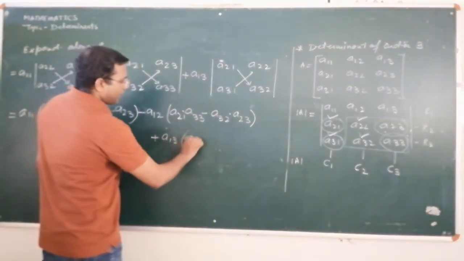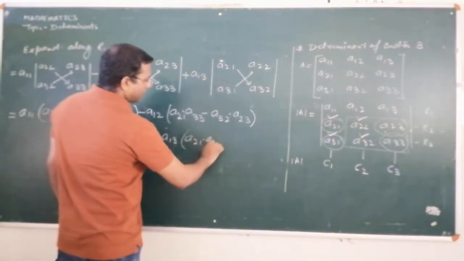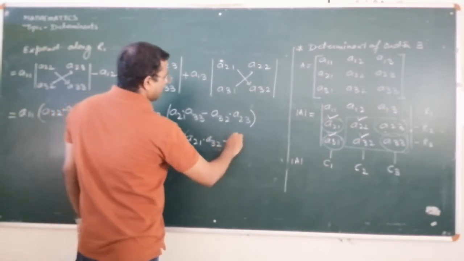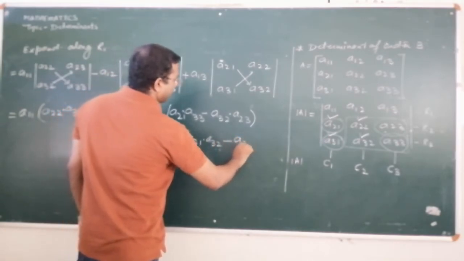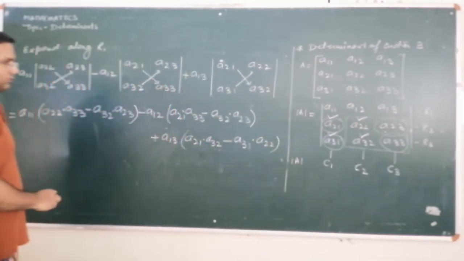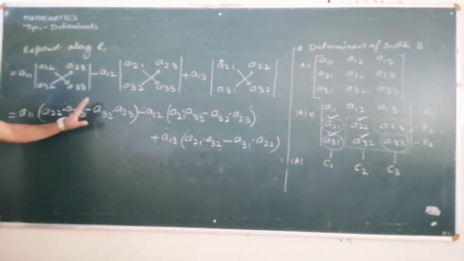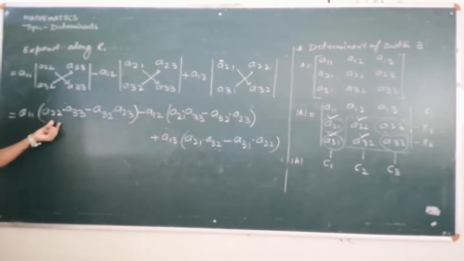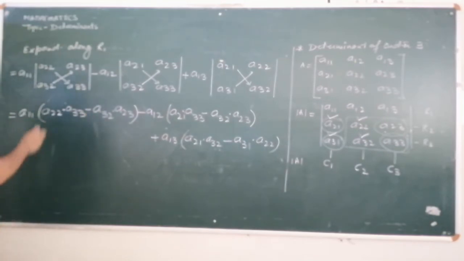So you will write A21 into A32 minus A31 into A22. Further, if you multiply by these elements in the brackets, you will get the value of the determinant.